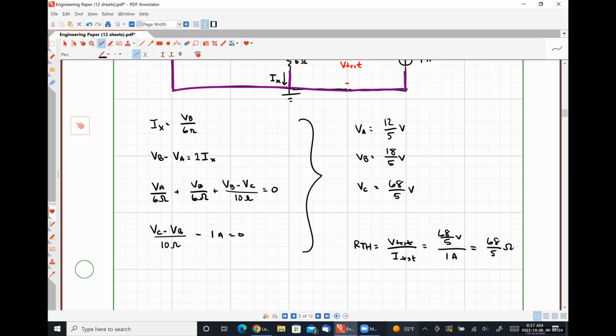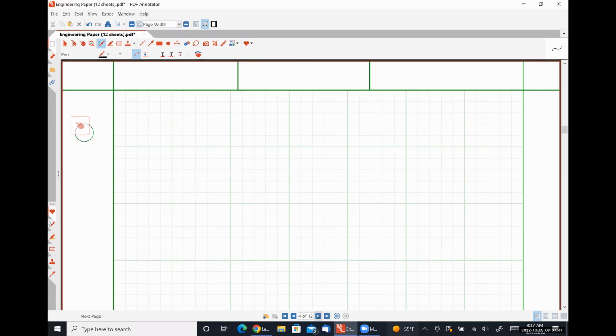Okay? So the last thing that I want to show you guys is that in some instances, not all of them by any stretch of the imagination, but in some instances, using a particular type of test source can make our lives slightly easier, okay?